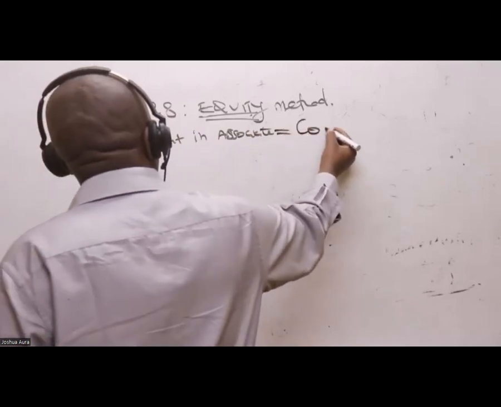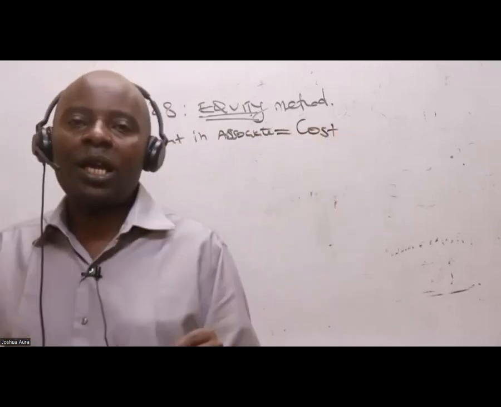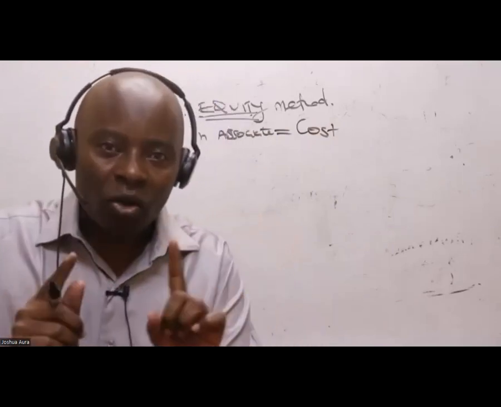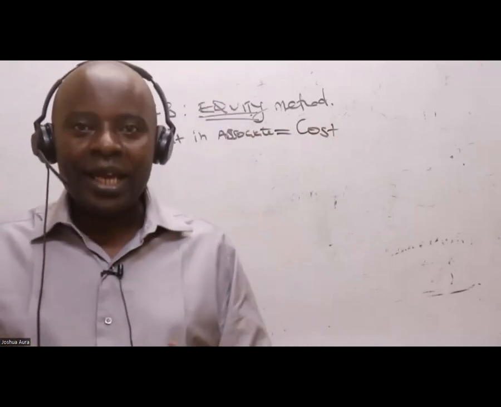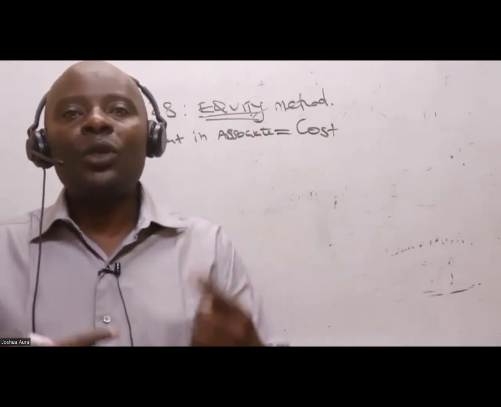We will be taking the cost. How much did this particular asset cost us? Maybe 10 million Kenya shillings. And then moving forward, we are using the equity approach.